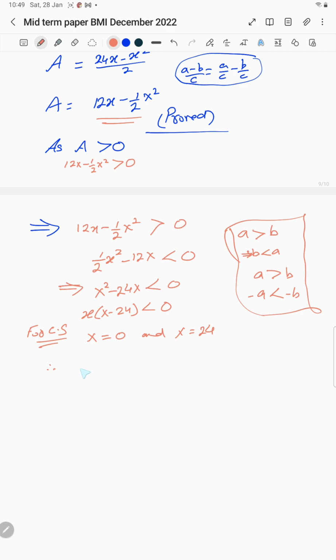So my domain of the function is 0 less than x less than 24, it's lying between these. Like if you draw the figure, here 0 and 24.